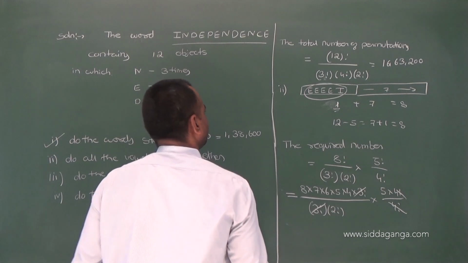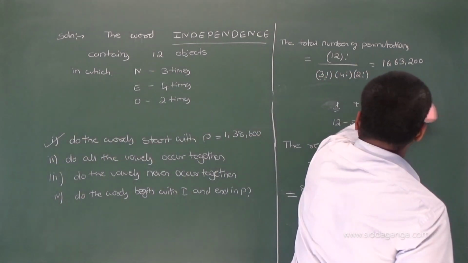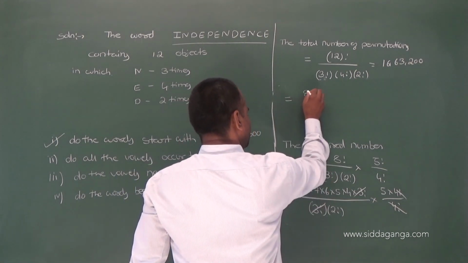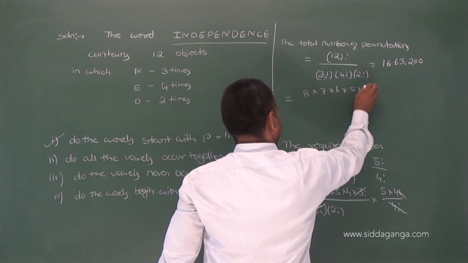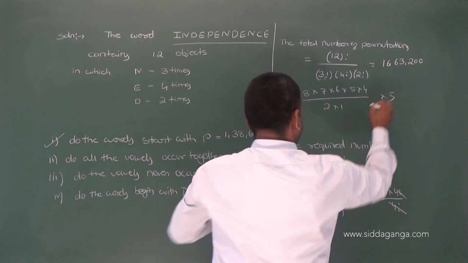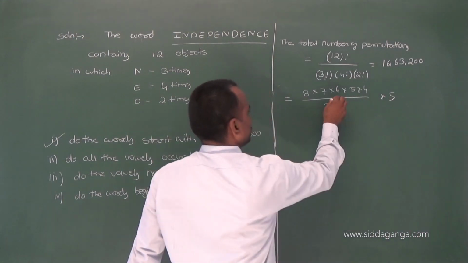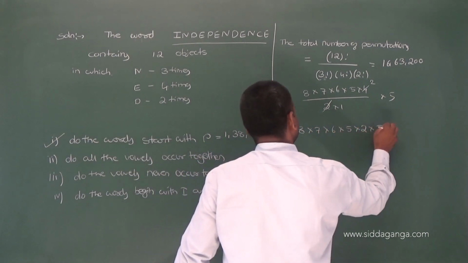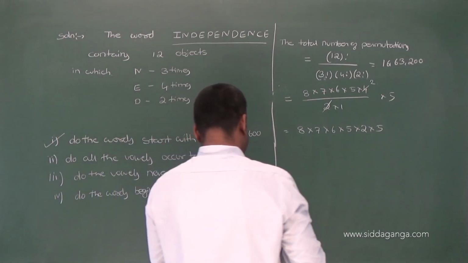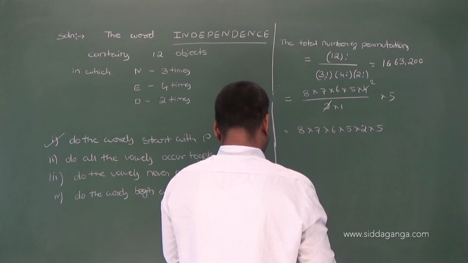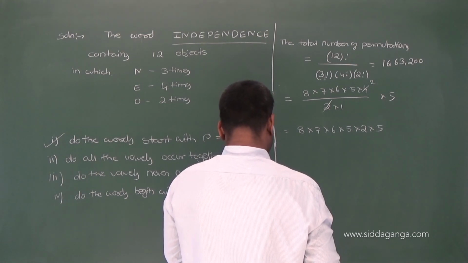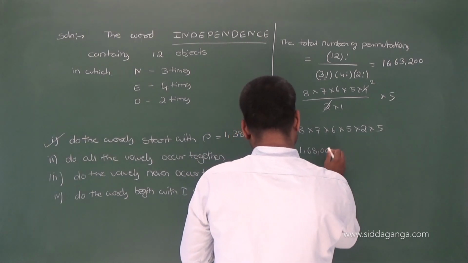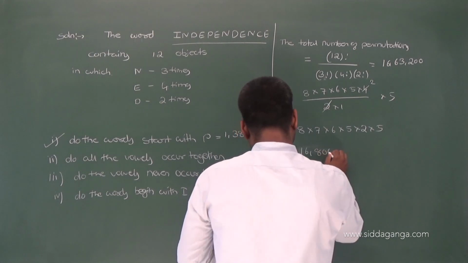The 4 gets cancelled, the 3 gets cancelled. That equals 8, 7, 6, 5, 4 divided by 2 into 1, into 5. 2 ones are 2, twos are 2, leaving 8, 7, 6, 5, 2, 5. Multiplying, the answer is 16,800.